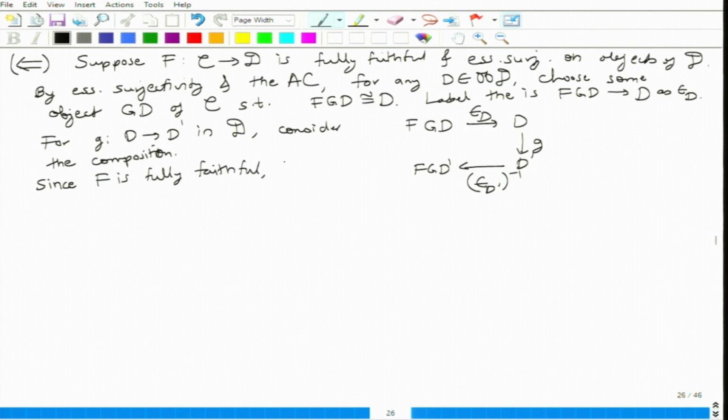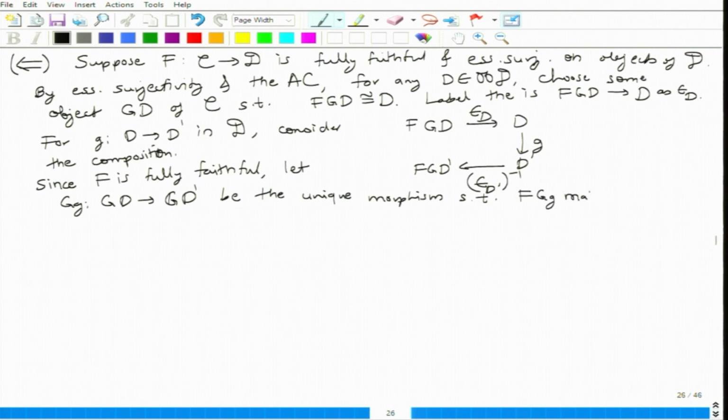Let GG from GD to GD dash be the unique morphism such that FGG makes the diagram commute.